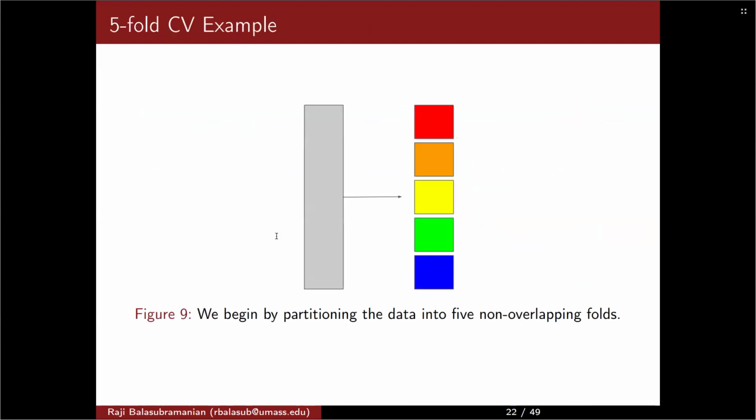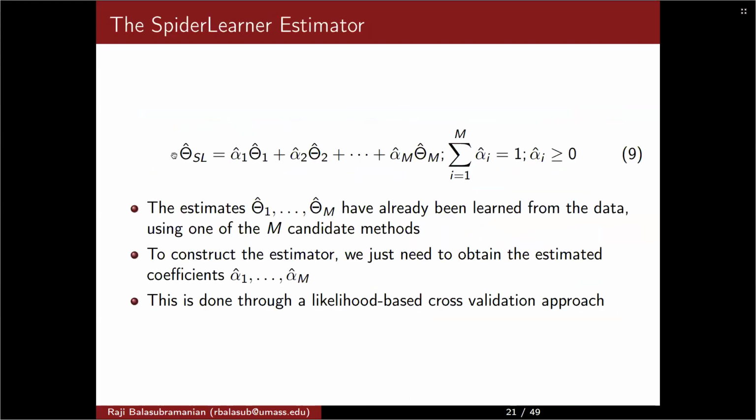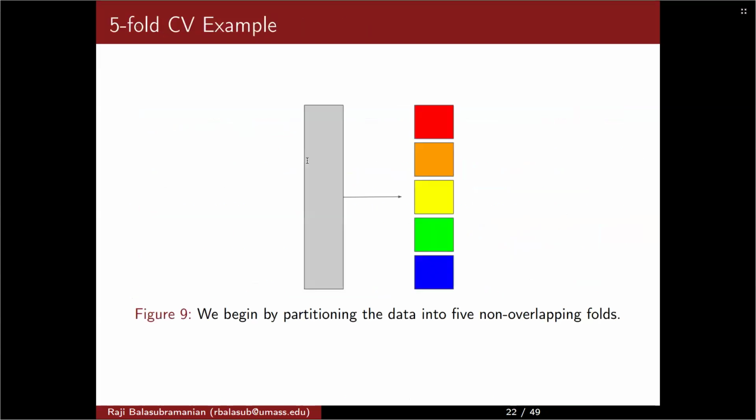Okay. So again, we propose an estimator of this form where everything but the alphas are estimated already from the data. So the next step is, how do you learn the alphas? We propose this cross-validation approach. Let's say you have your full data here, and just for the sake of argument we are doing a 5-fold cross-validation process.